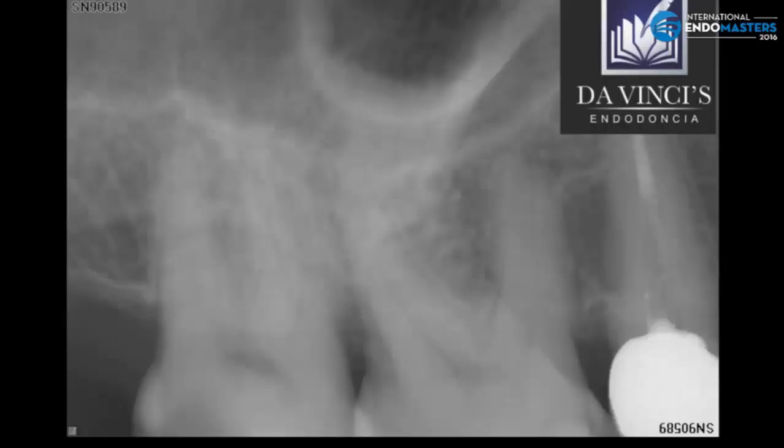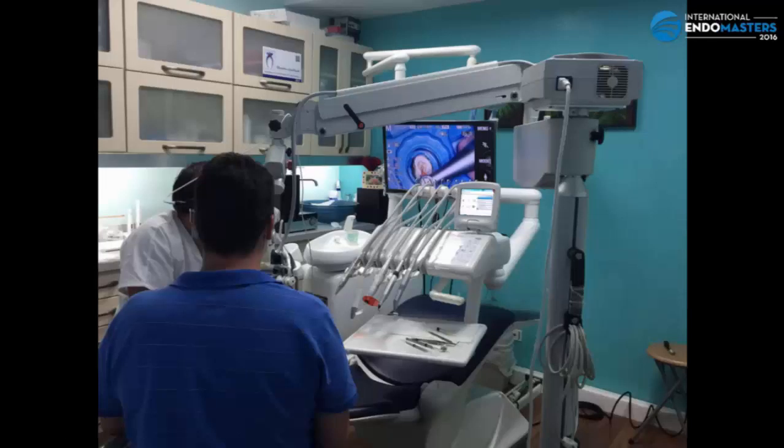Let's take a look at another case. This is a second maxillary molar with an acute pulpitis. I always use the operatory microscope with my cases.